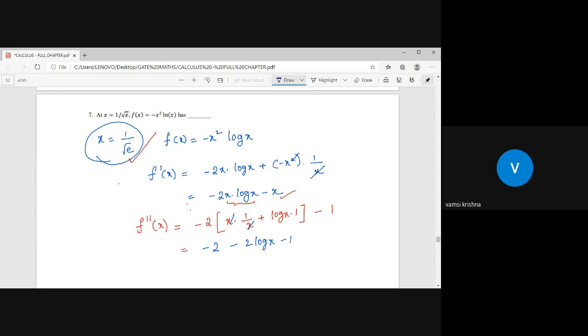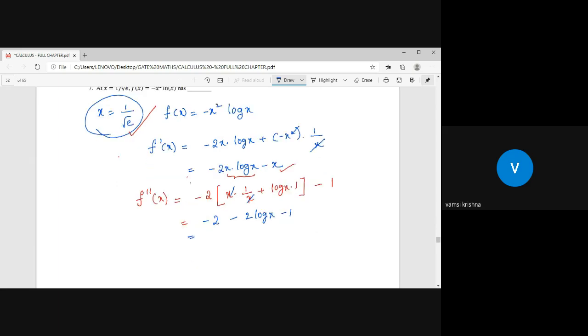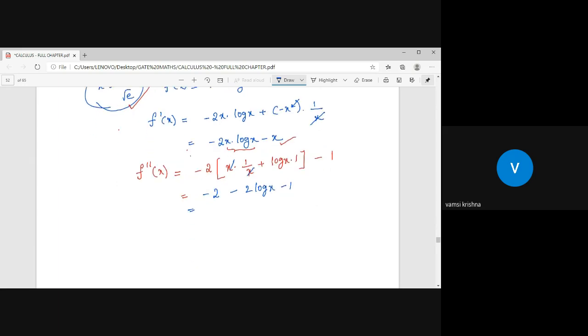So my final result is f double dash of x is minus 2 log x minus 3. This is the result I got for f double dash of x.